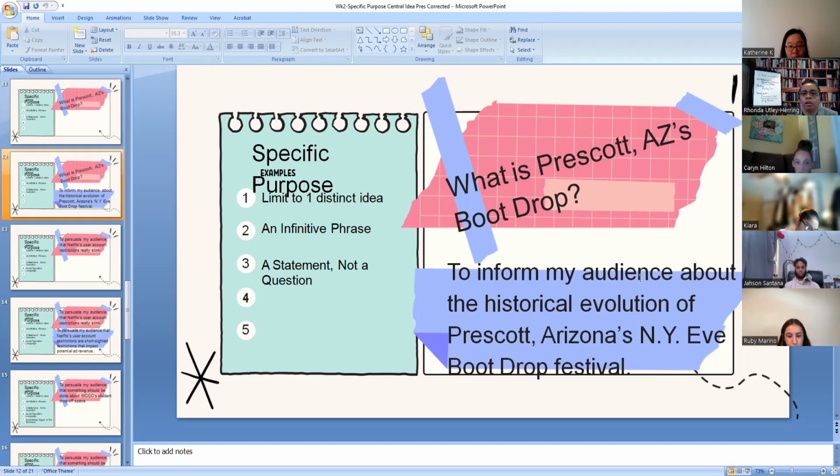It's too broad. It's not specific enough. What are you going to tell us about the New Year's Eve Boot Drop Festival? Well, I'm going to tell you about the historical evolution. Okay? That's key. A lot of students leave that part out. And it's not going to be a good specific purpose if you do.